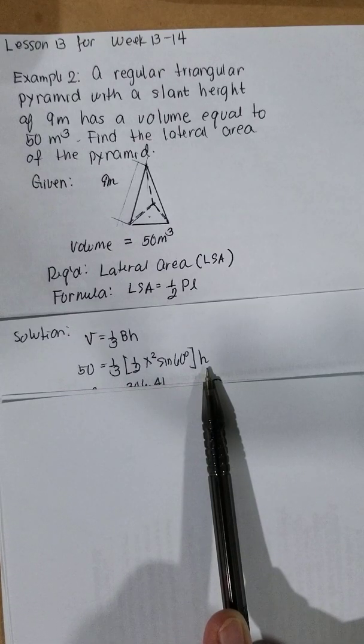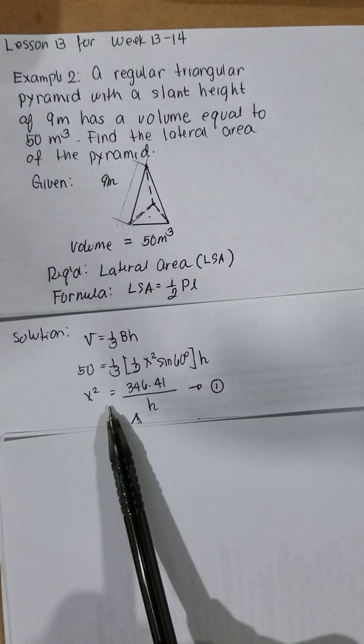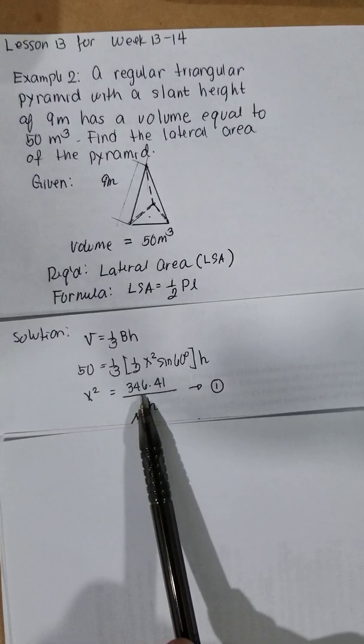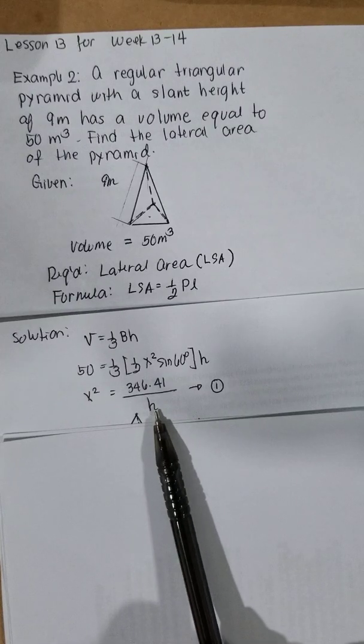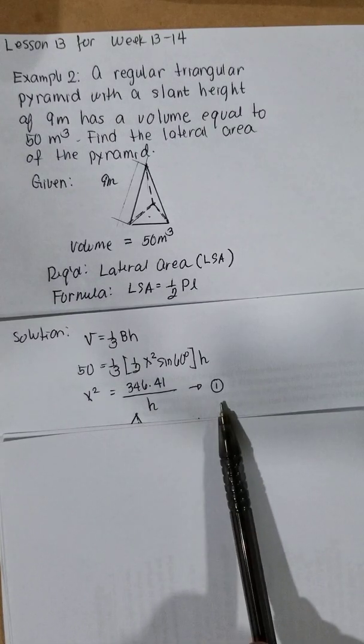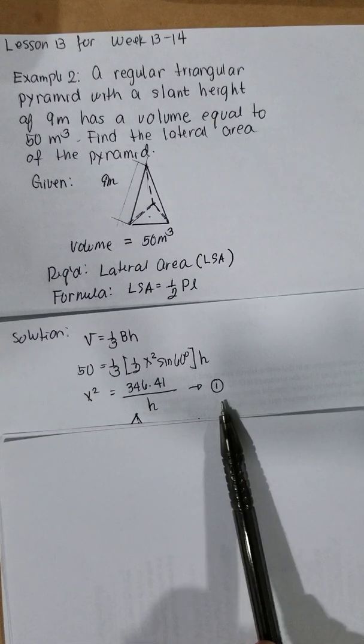Simplifying the equation and solving for x squared, we arrive at x squared is equivalent to 346.41 all over h. Let this be equation number 1. Let us now proceed in getting the equation of the height.